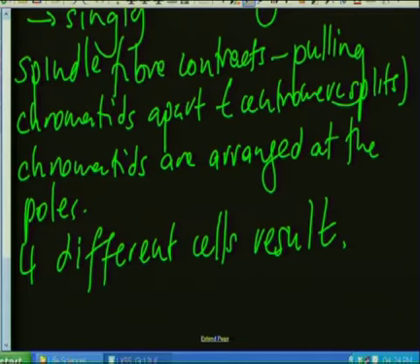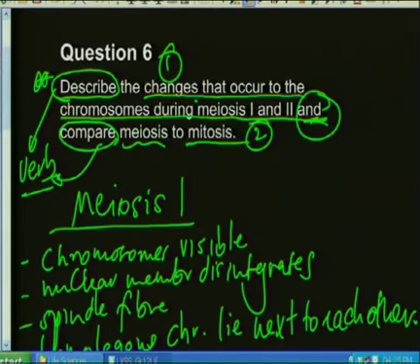So you have given the story. What have you done? You have told a story. What story? The story of the chromosomes in meiosis 1 and in meiosis 2. Is that the end? Not at all. And compare meiosis to mitosis.